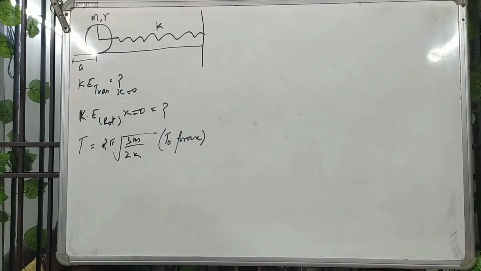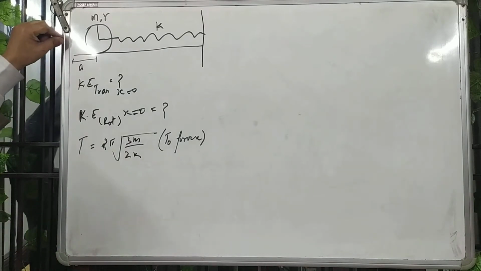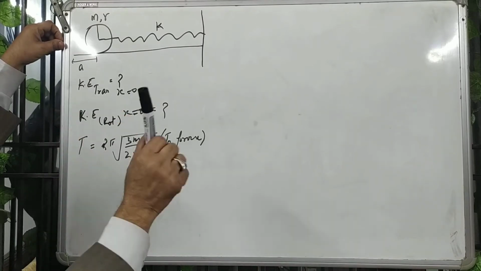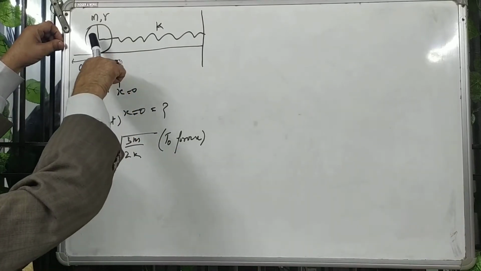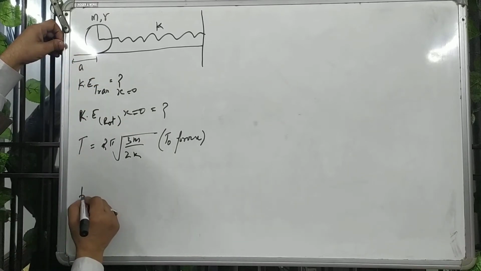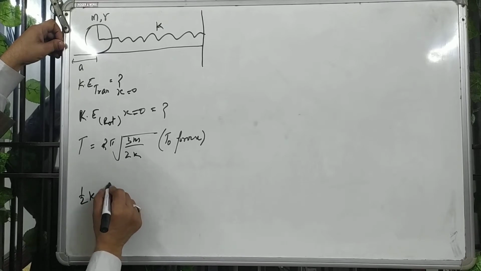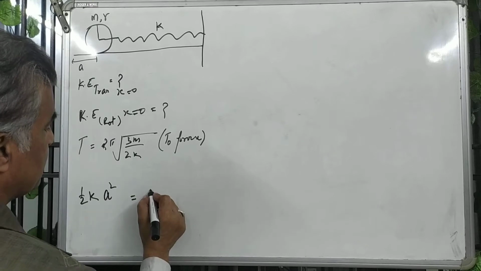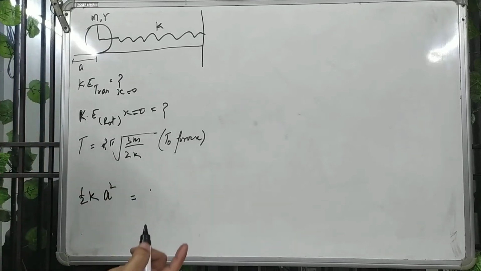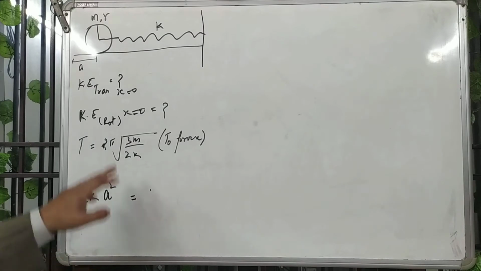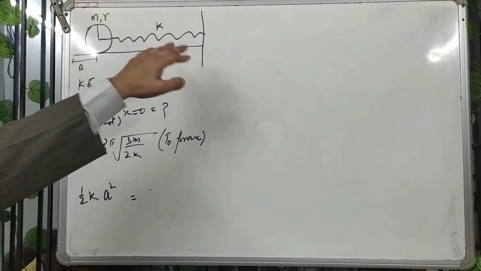The total energy at the extreme position: the translational and rotational kinetic energy will be 0, the body is momentarily at rest. So at this point the total energy is half k a square, which is equal to the energy at a general point. This is the total energy at the mean position.